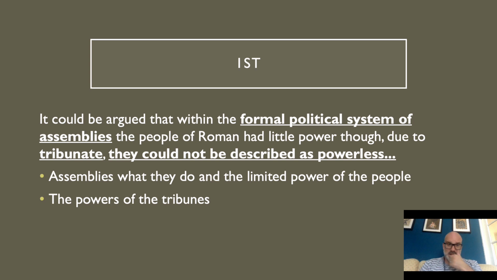Then we would talk about assemblies, what they do, the potentially limited power of the people due to the structure, the power of the Senate in proposing, the power of the Senate in corruption and bribery and patron-client and so on. But all this is focused on assemblies.